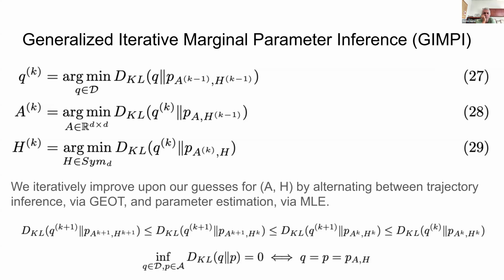So in step 27, we're just applying this Sinkhorn algorithm, which is basically a bunch of matrix vector products. There's no KL. But it turns out that it's actually minimizing the KL between this reference measure and the transitions that you're trying to estimate. And for steps 28 and 29, we're just doing maximum likelihood estimation, which in the case of linear additive noise models is closed form. So we never actually compute the KL here either.